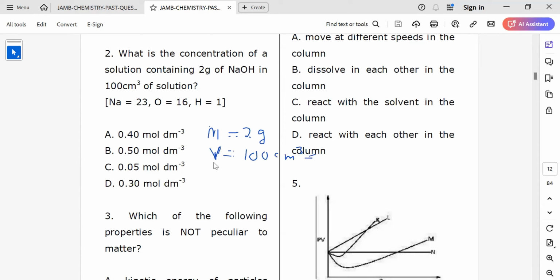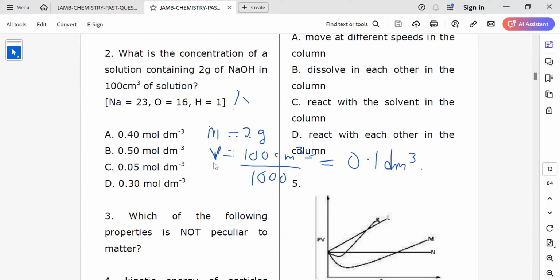But based on the options, we can see that they are all in dm cube. So you can just convert this volume from centimeter cube to dm cube, and to do that, we divide it by 1000, which at the end gives 0.1 dm cube. That is our volume. And then the next thing now is to calculate the mole.